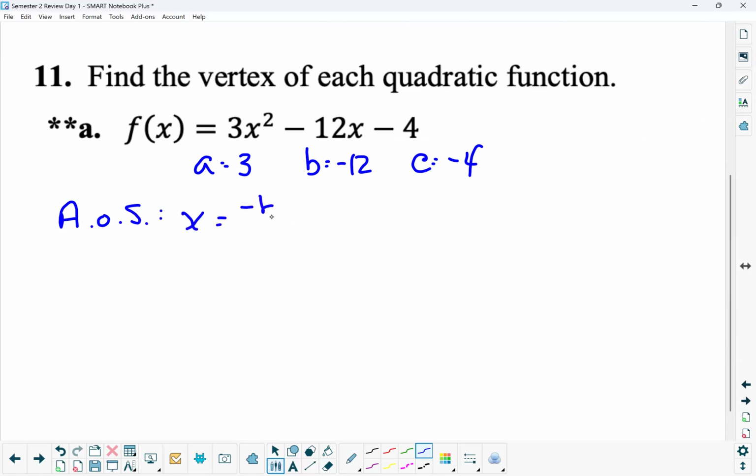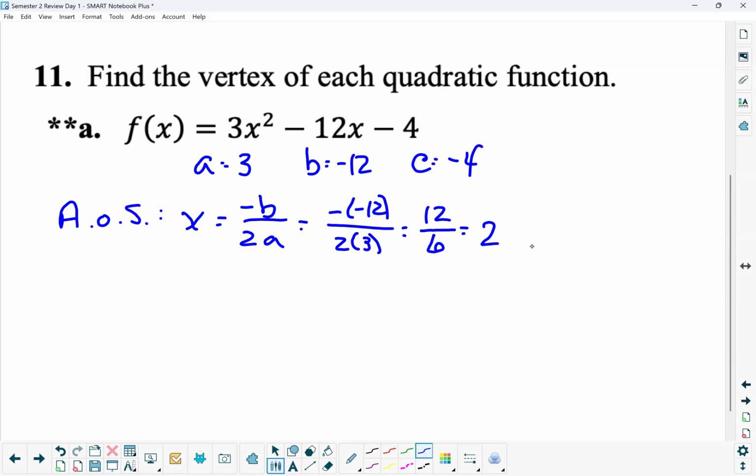And that formula is the opposite of B over 2 times A. So I take the opposite of -12 over 2 times 3. The opposite of -12 is +12. 2 times 3 is 6. 12 over 6 is 2. So the x-coordinate of my vertex is 2.